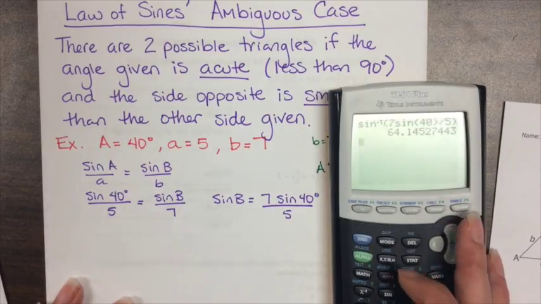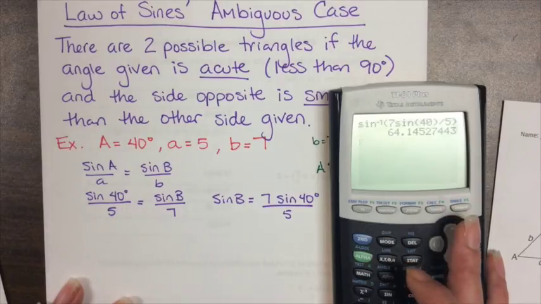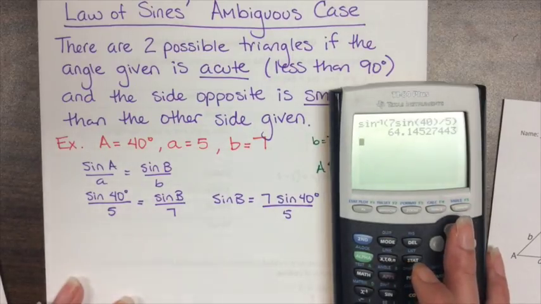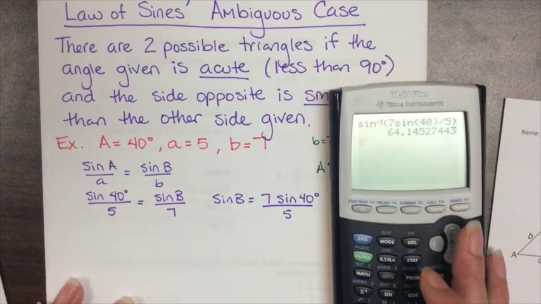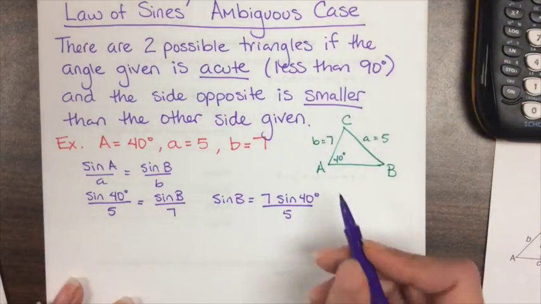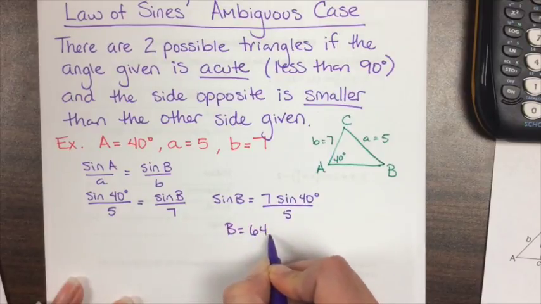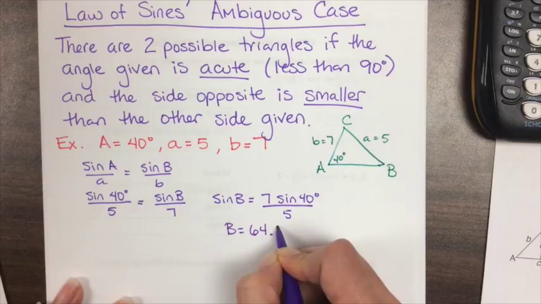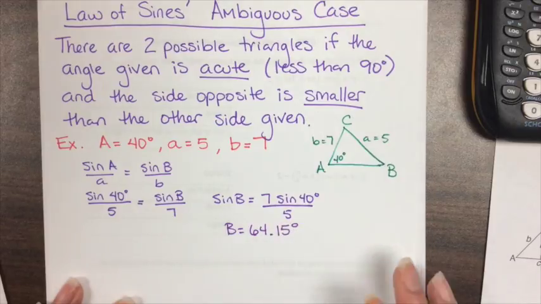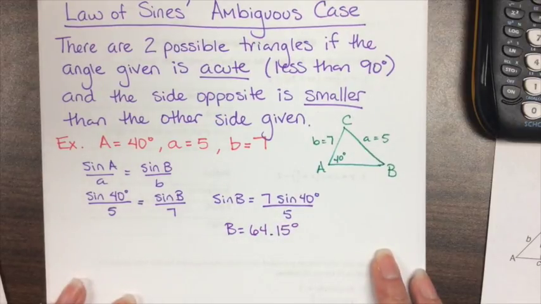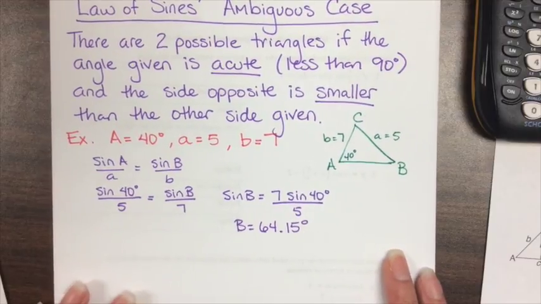And we get that angle B is 64.15 degrees. However, we have two options for B.